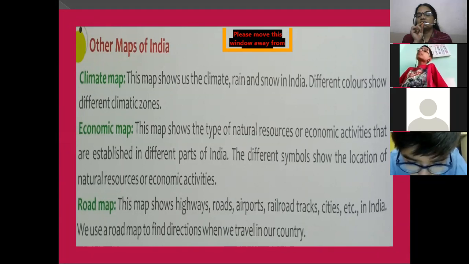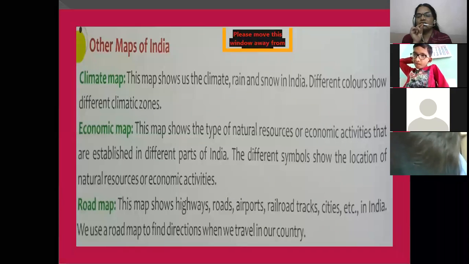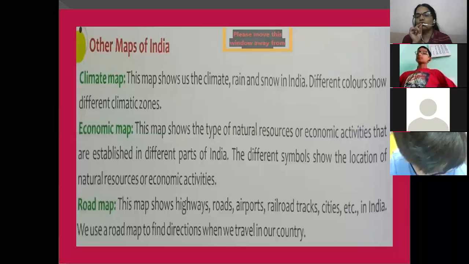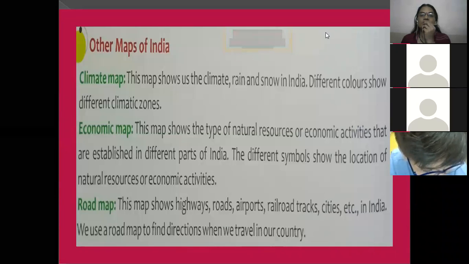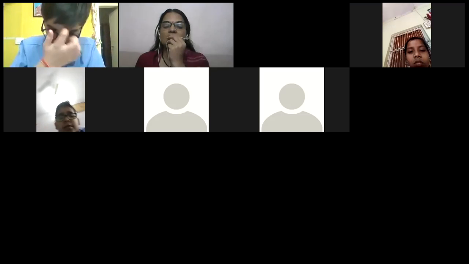These road maps only come under the thematic maps. And with the help of the map, different directions are also known to us. Clear, students? So this was about maps, students.